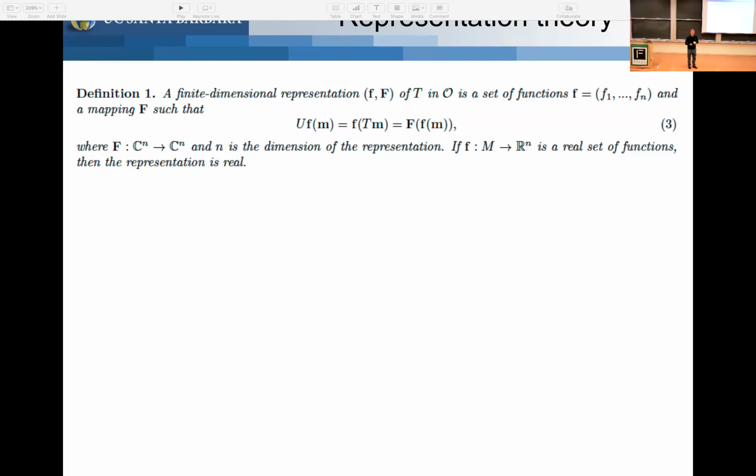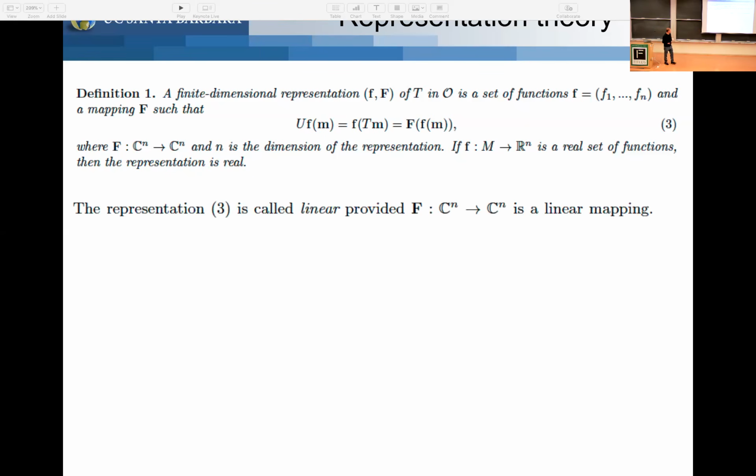Just for a moment, let me convince you that this is non-trivial. The left-hand side is the action of an infinite dimensional operator on a finite number of functions. The right-hand side is a finite, possibly nonlinear capital F action on a finite number of functions. So that's what I call the representation.